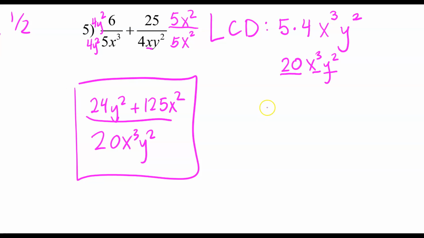And in terms of our restrictions, x does not equal 0 and y does not equal 0. I forgot about that because they're monomials and they're just being multiplied. So if x was 0, the denominator would be 0. And if y was 0, the denominator would be 0. And those are our excluded values.